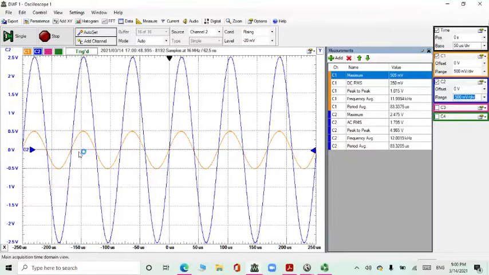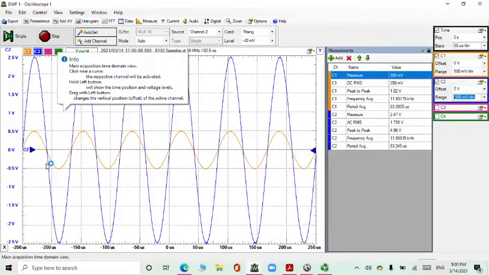And it amplifies by around 2.5, because now your amplification is 1 plus R2 divided by R1, 1 plus your feedback resistor divided by your input resistor.